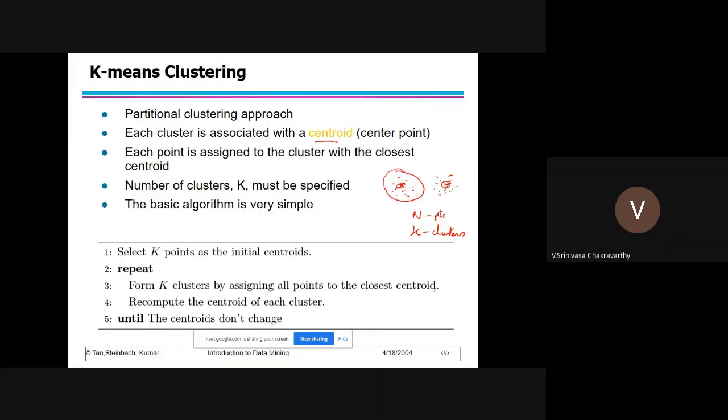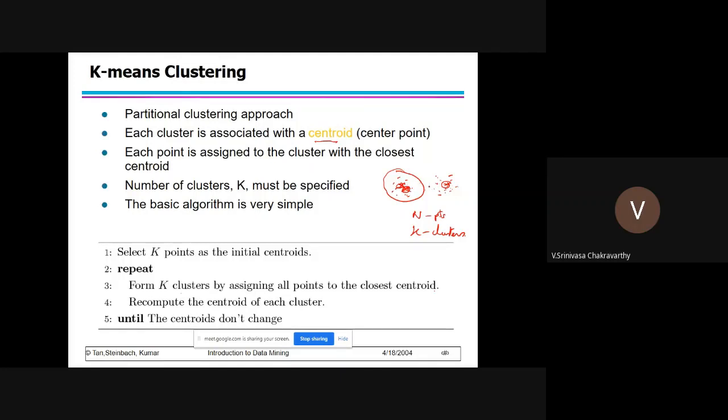So what you do is take the average of all these points and move the centroid to the actual average of the cluster. Now when the centroid moves, the allocation of points may change, because for a given point here, you ask, is this the closer one or is this the closer one? That might change.